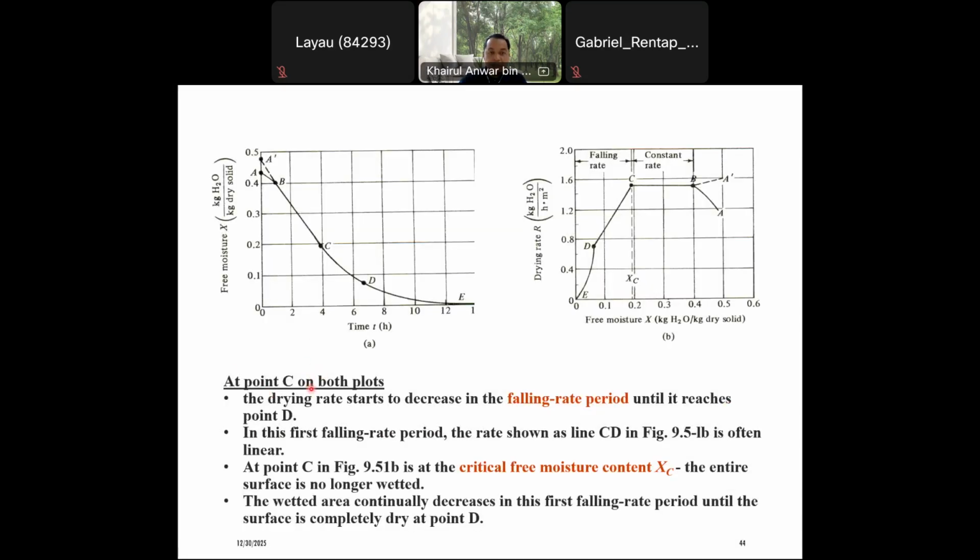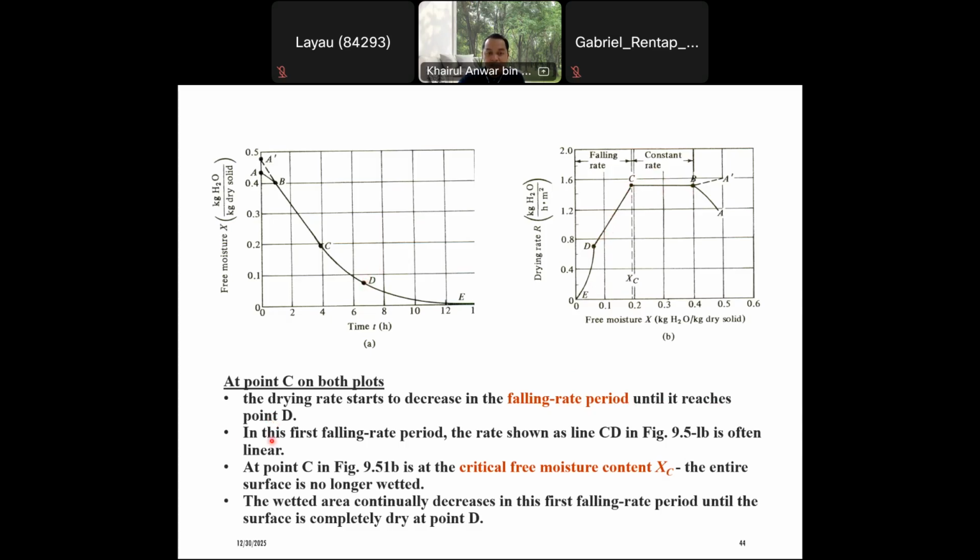At point C on both plots, the drying rate starts to decrease in the falling rate period. This is the falling rate period, so the drying rate is reducing. This is higher, and it becomes lower until it reaches point D.